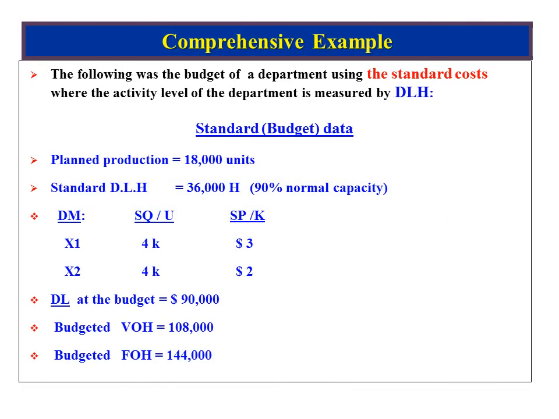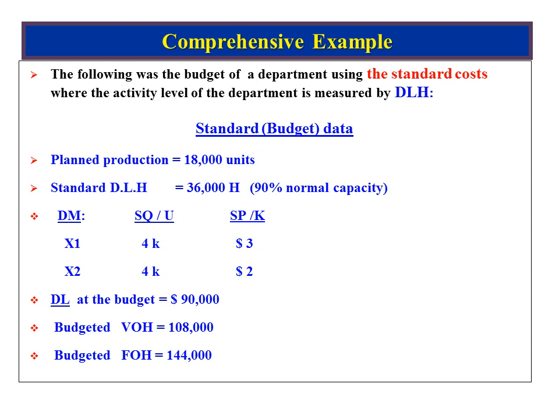In our example, we have standard data and actual data for a department using standard costs, and its activity level is measured by direct labor hours. The standard or budget data: here we have planned production of 18,000 units, and we have standard direct labor hours of 36,000 hours.